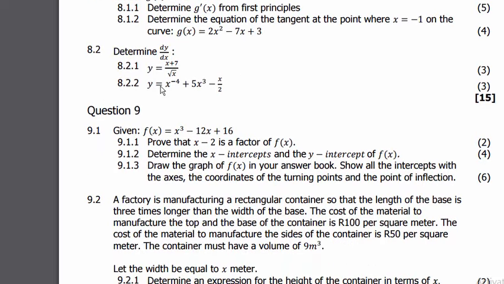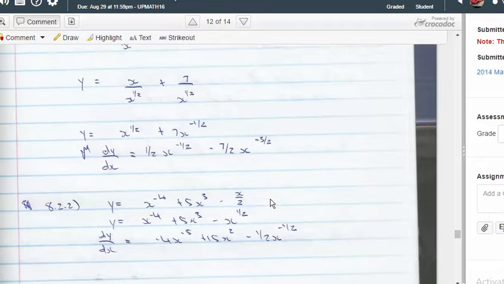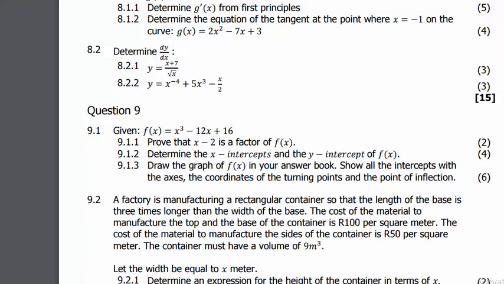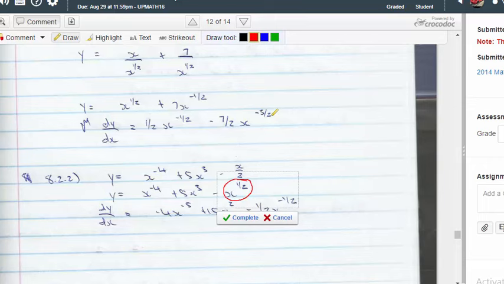Okay, next question. Here's find the derivative of this thing. Oh, that's super easy. To find the derivative of that, we just have x to the power of negative 4 multiplied in front. Okay, this one is wrong though. I mean, that's not true. This is just x divided by 2.